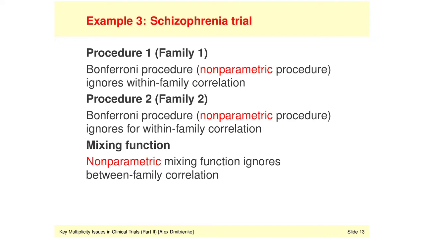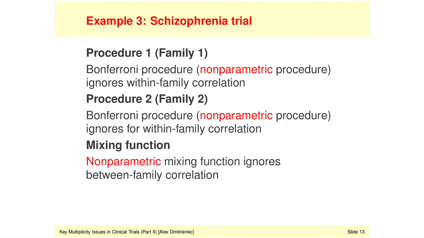We're going to compare and contrast component procedures and mixing functions that utilize different amounts of distributional information. For example, we can think of component procedures and mixing functions that fully utilize all available information and they fully take into account the between family and within family correlations. Or on the other hand, we can think about another extreme when that distributional information is completely ignored.